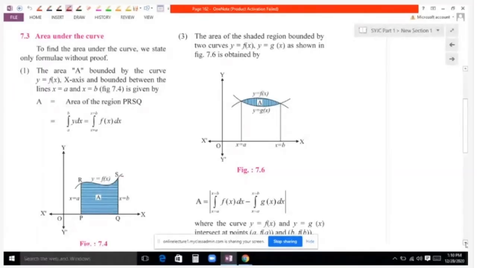And by knowing that, you can see the figure number 7.4. You can see that there is a curve whose equation is given as y is equal to f of x, and there are two lines.